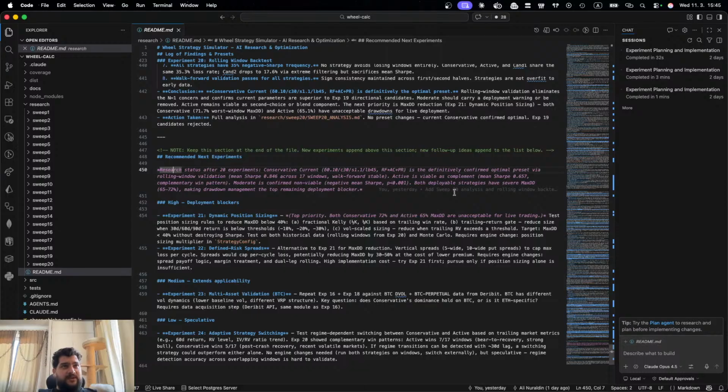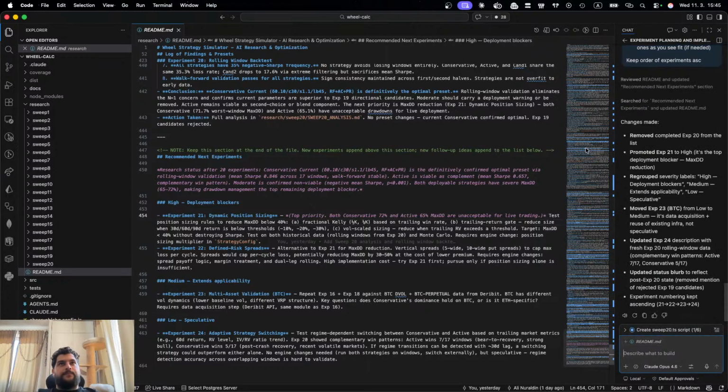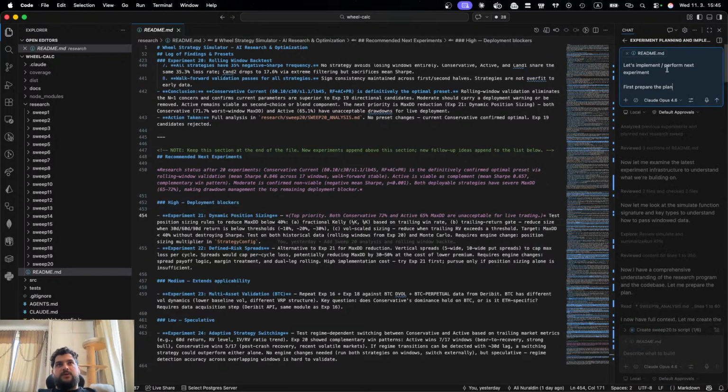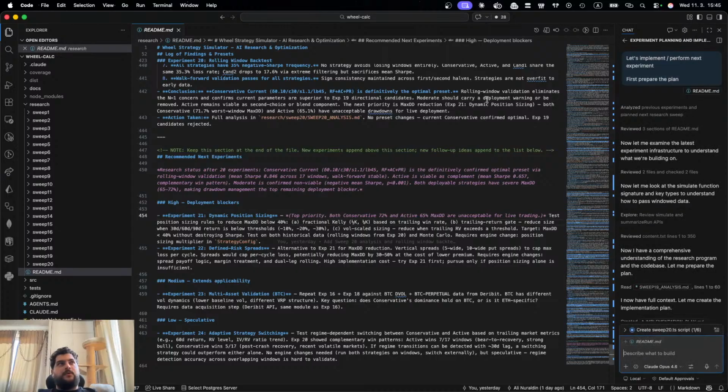Active is viable as competent. Moderate is confirmed non-viable. Both deployable strategies have severe max drawdown, making drawdown management the top remaining deployment blocker. So we are going to be doing experiment 21 now, and we will try to get rid of the max drawdown. Let's just run it right away so we don't waste any time.